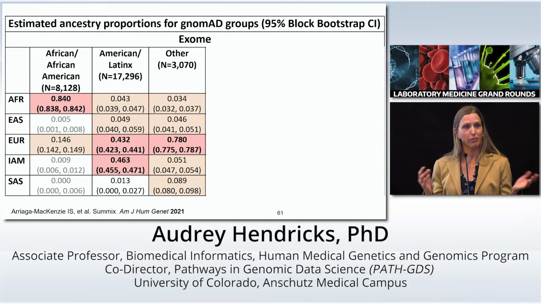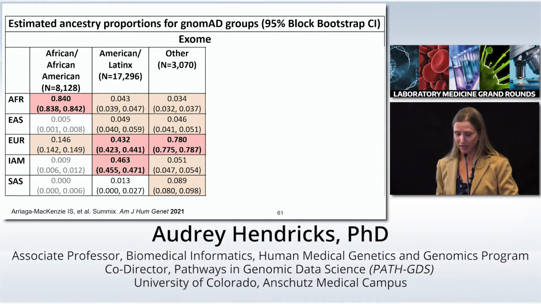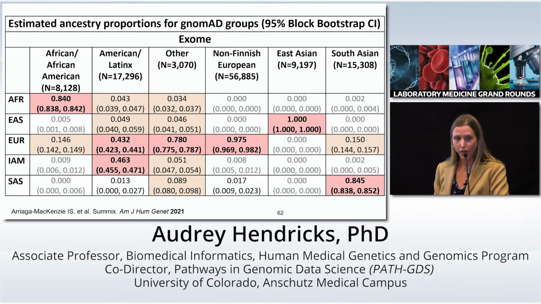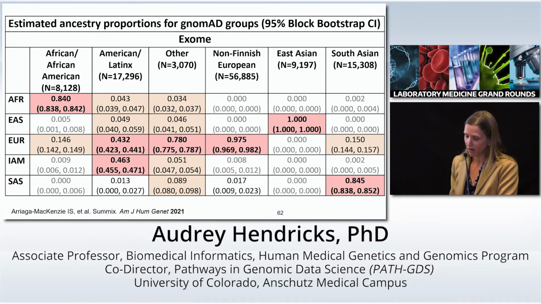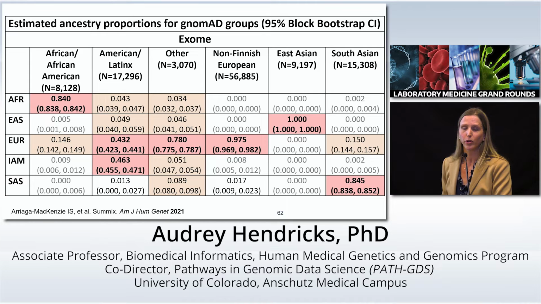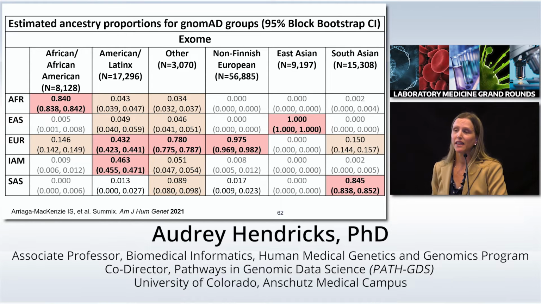And if we look at other, we see a little bit of everything, although it's primarily European ancestry. Now, the other three groups are mostly matching their expected ancestry, East Asian, European. And in South Asian, we do see a moderate proportion of European ancestry, and this is as expected due to an ancient admixture event between South Asian and European.